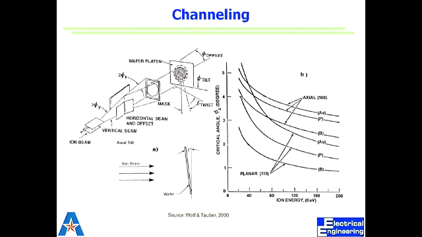What is pre-amorphizing? Amorphous means making a material amorphous. So before you do the process, we make the surface amorphous. That's pre-amorphization before you do the implantation.